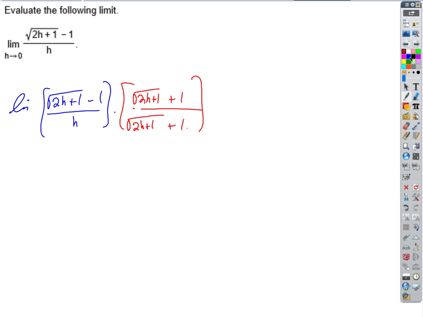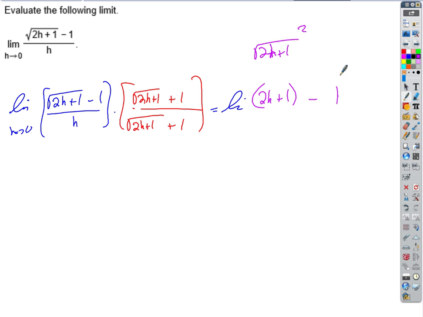And then what are we going to get? On the top, this is just an example of a minus b times a plus b. Well, that's just the reverse of what we just talked about. Just a squared minus b squared, right? So on the top, what's a squared? If that's a, I get 2h plus 1, which is the square root of 2h plus 1 squared, right?